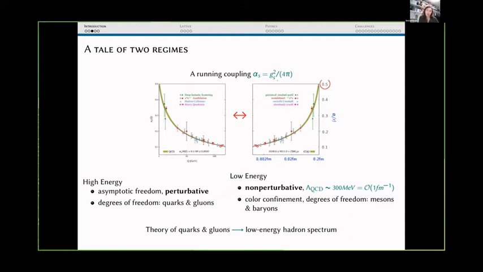And here we have confinement realized, and the degrees of freedom can be thought of instead as the mesons and baryons, which are the observable quantities in the theory. So one question one can ask, and again in the context of this workshop, is how do you go from a theory of quarks and gluons, which is QCD, to the observed low energy hadron spectrum?